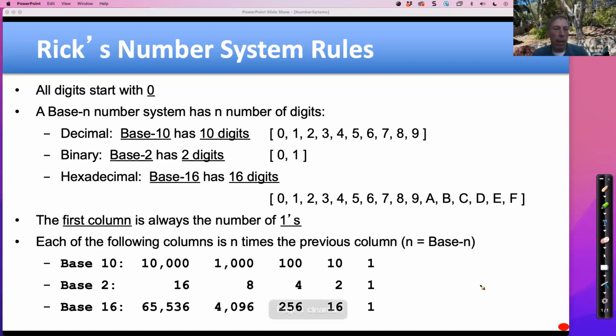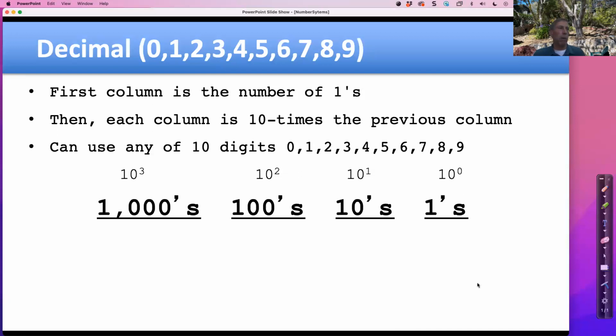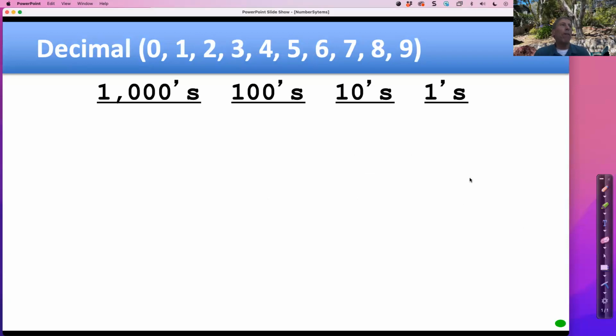All right, let's get started a little bit here on binary. First of all, again, decimal. You already know everything you need to know about any number system. In decimal, we have 10 digits we can start with, and we can put any of these digits in any of these columns. The first column is the column of ones, then tens, hundreds, thousands, etc. Showing the exponents above if you want to use that. So, for example, I can put a 7 there.